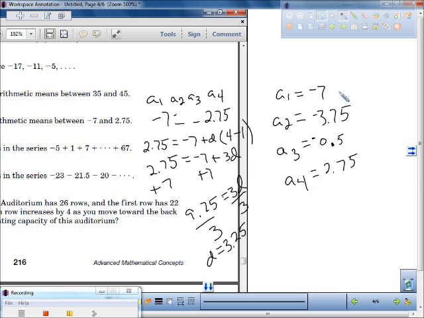So again, we're taking the number in front and adding the 3.25 to it. So we added 3.25 to the -7 to get this. Then we added 3.25 to this to get this. So we're just taking our common difference and adding it to it.